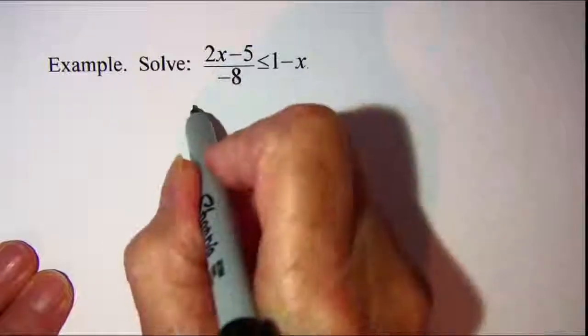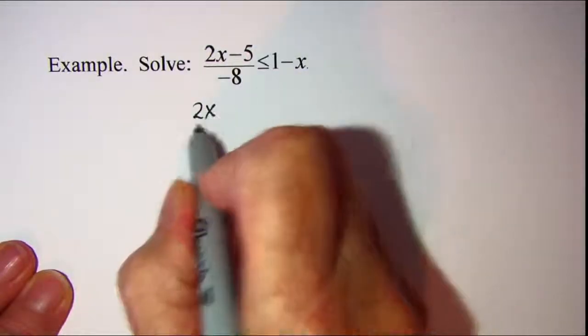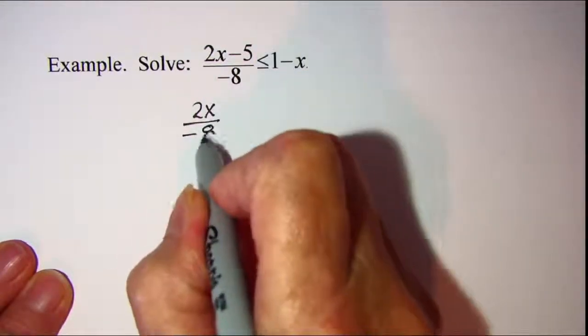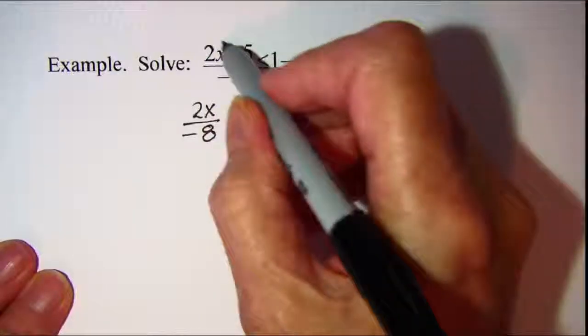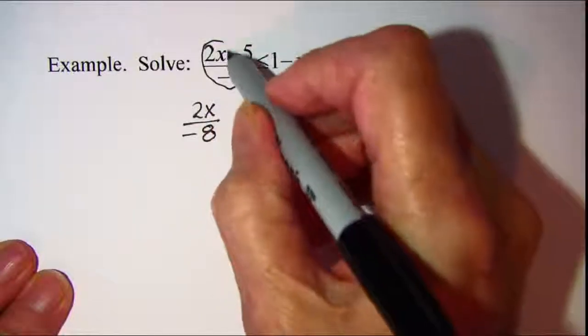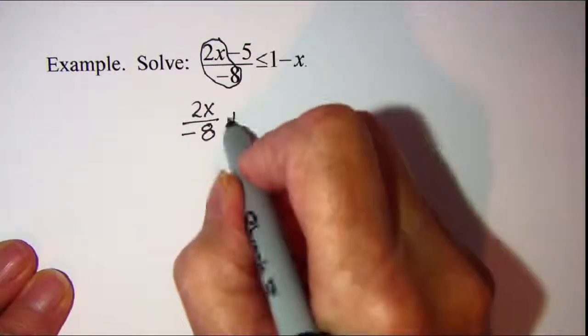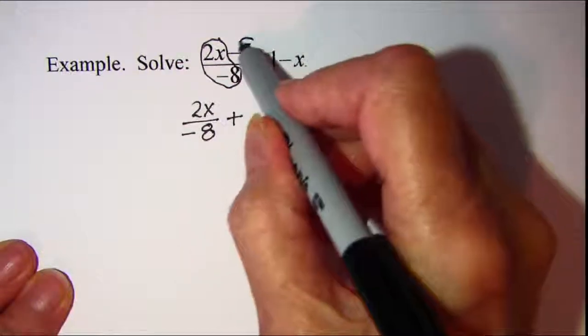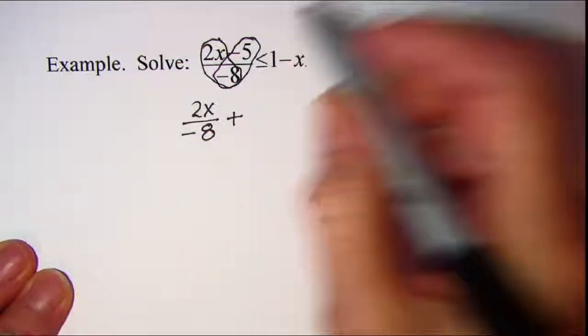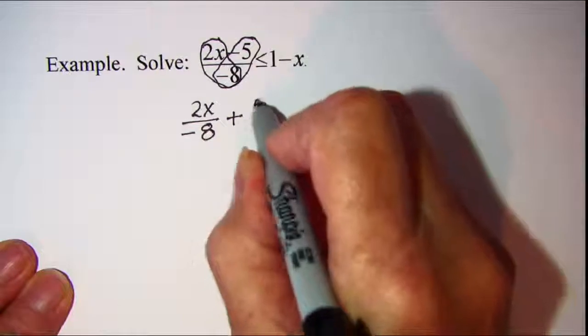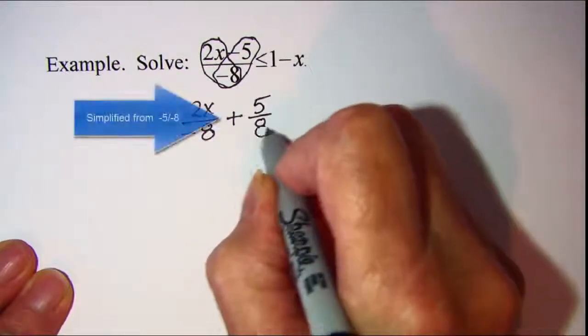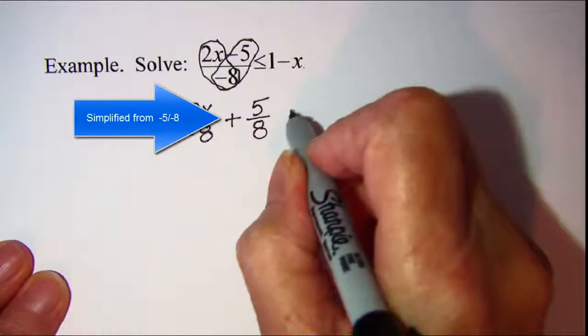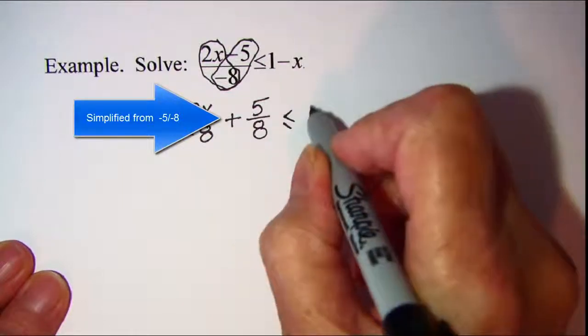So I could have 2x over negative 8. That's this one. And then plus, and then negative 5 over negative 8 is a positive 5/8. And then let me copy the right side.